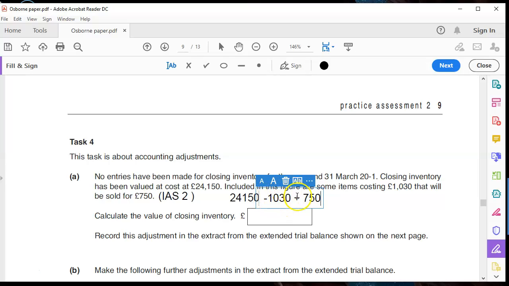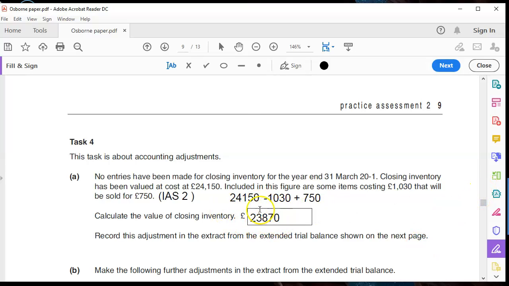So 24,150 minus 1,030 plus 750 will give you a closing inventory value of 23,870. Okay, I'm just checking that calculation again. 24,150 minus 1,030 plus 750, so 23,870. You need to record this adjustment into the trial balance on the next page.